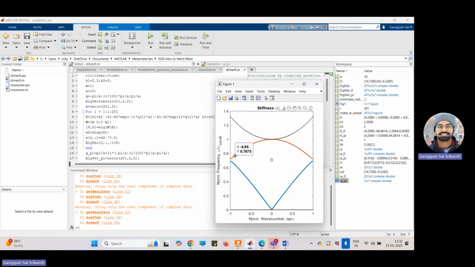And you see that before and after the band touching, the eigenspectrum, the dispersion looks similar. So the curve is similar whether K1 is greater by some amount or K2 is greater by the same amount. That is because the unit cell is inversion symmetric. So this property is going to be used later in characterizing the stiffness dimer as a topological model.